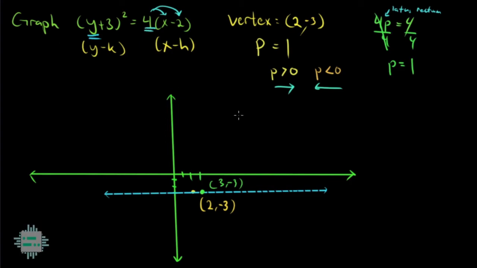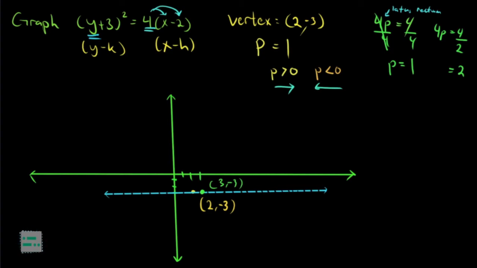Kung 4 units yun, at midpoint ng latus rectum yung focus, ibig sabihin, pwede mo i-divide yun, 4p is 4, divide mo sa 2, that will give you 2 units pataas at 2 units pababa, for a total of 4 units na length ng latus rectum.